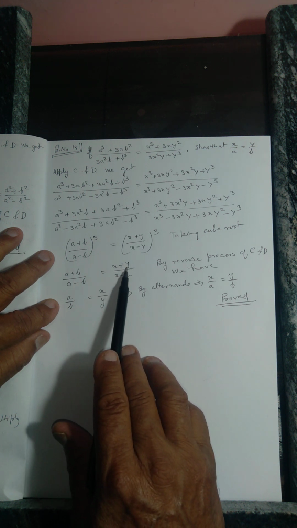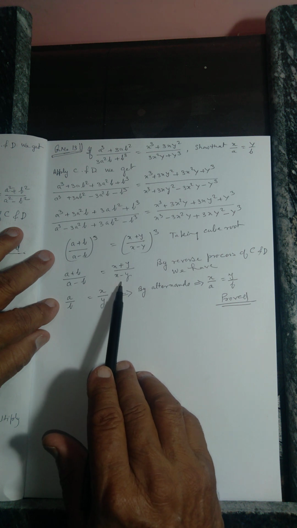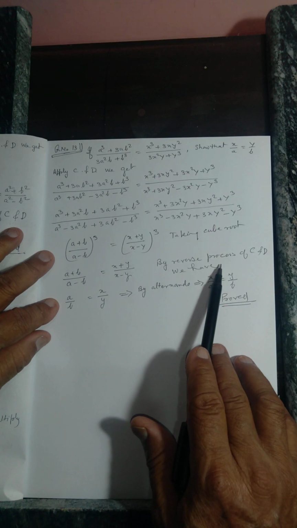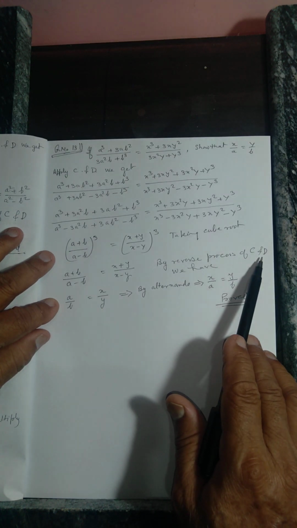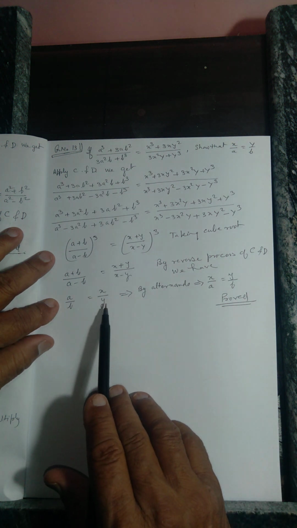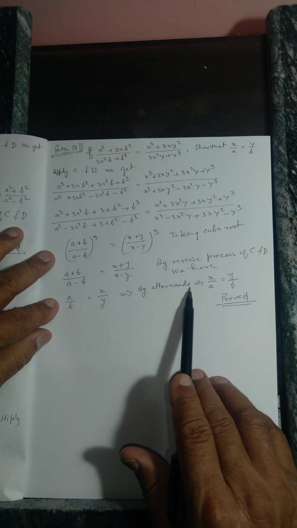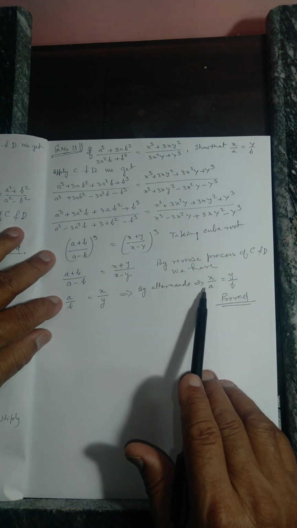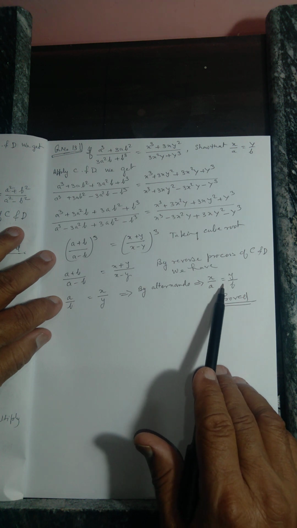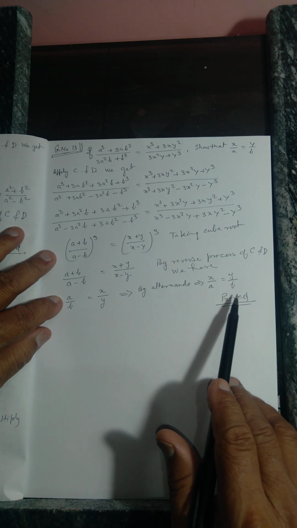So numerator plus denominator upon numerator minus denominator. So you can just write down there, by the reverse process of componendo and dividendo, we have a upon b is equal to x upon y. By alternando we can write, you see, x upon a will be equal to y upon b, and it was to be proved, hence it is proved.